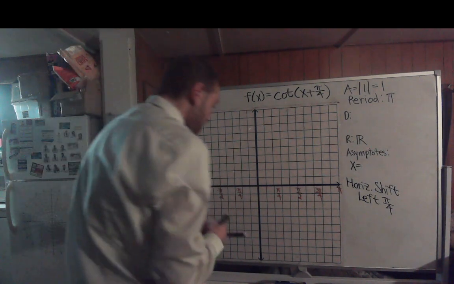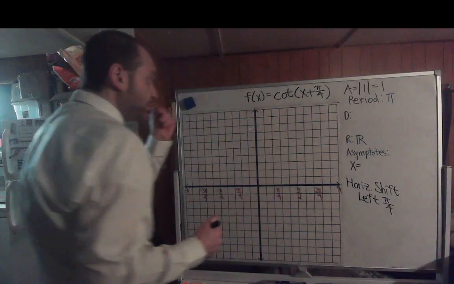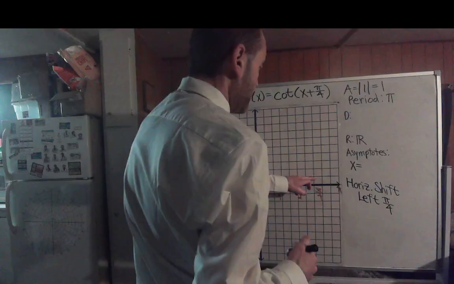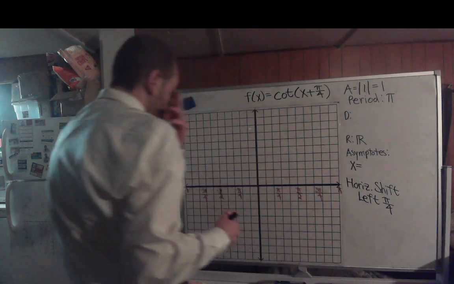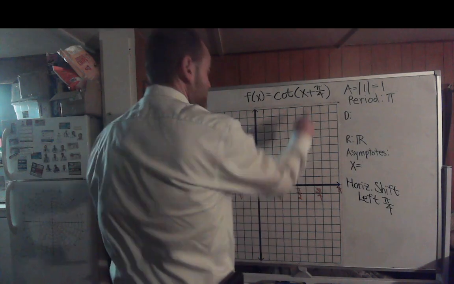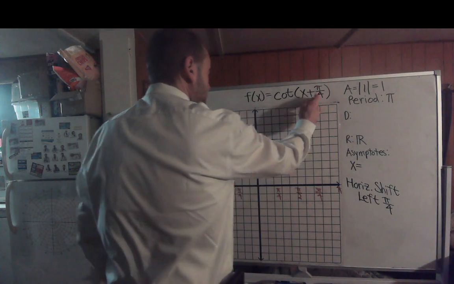Okay. Well, let's see. If we put in 3 pi over 4 rather, 3 pi over 4 would give us the cotangent of pi, which is going to be undefined.